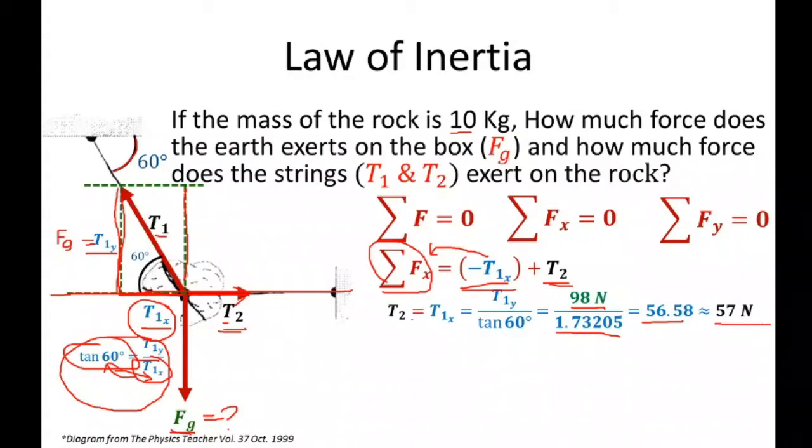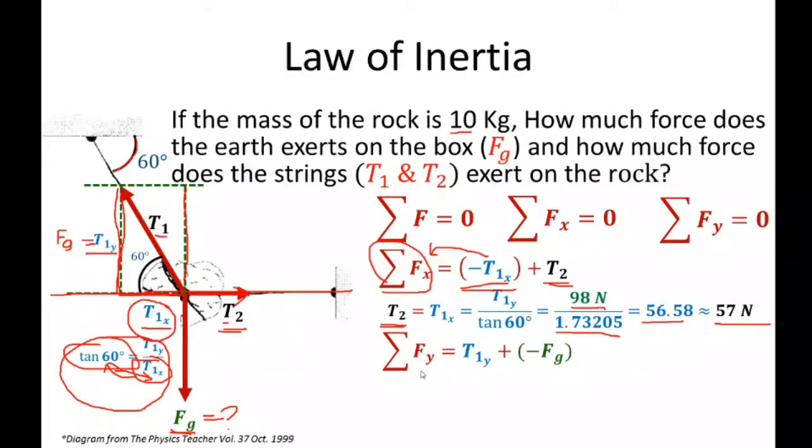Then we now have solved T2. Next, we are going to solve for T1. Fg is not shown anymore because we already computed it here, which is equivalent to 98 Newton.